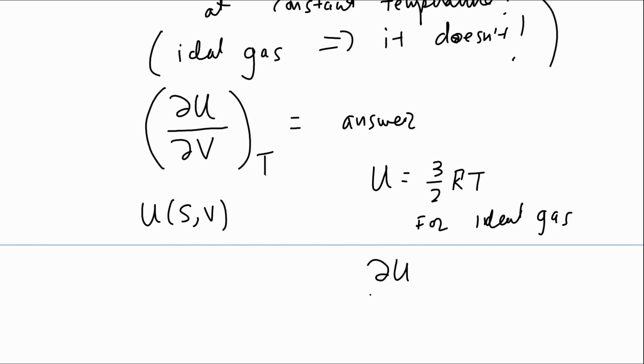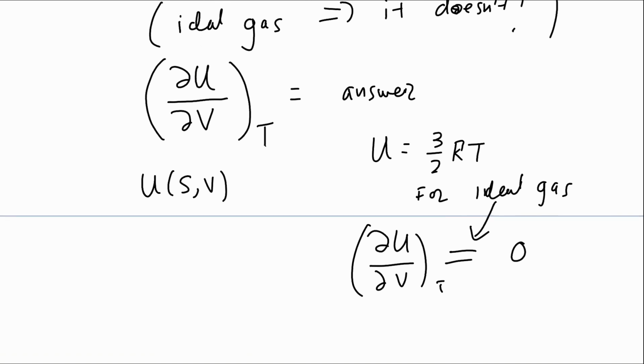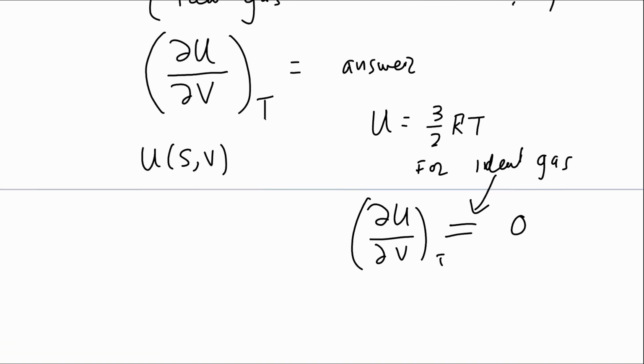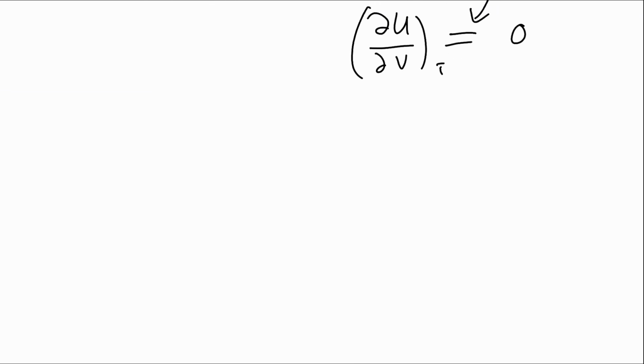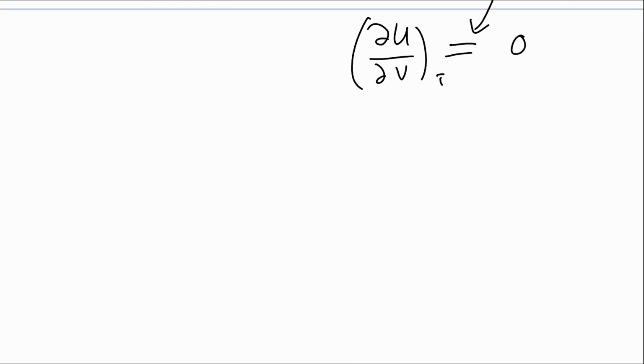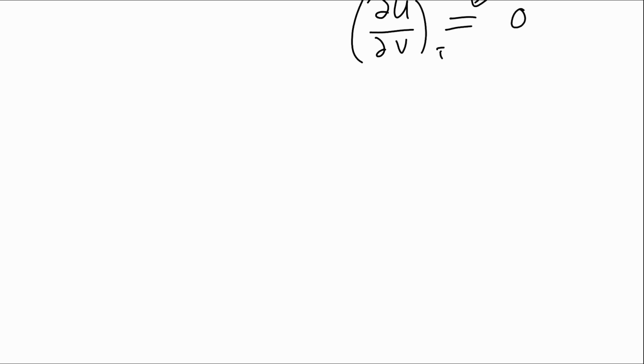So partial U, partial V, at constant T equals 0 for the ideal gas. But I need to do it in general. So how am I going to do this? Okay, and this will give you the flavor. I'm not going to really ask you to perform this trick on an exam, but maybe some homework.